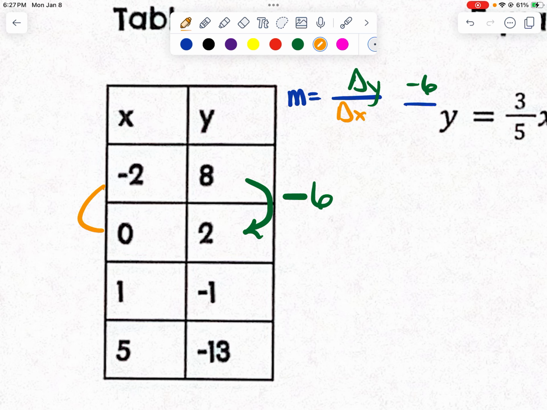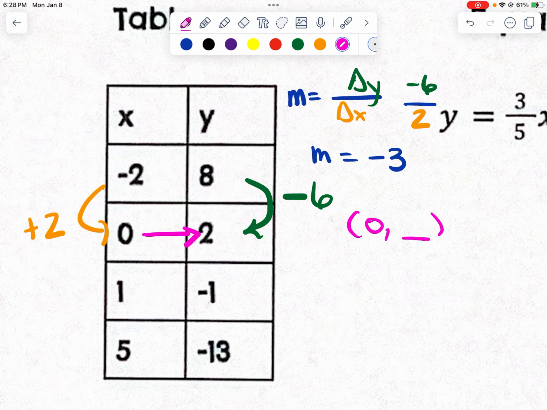And then I'm going to go here. This goes up by 2. So that means my slope is equal to -3. My y-intercept, remember that's the point 0, something here. So I look for when x is 0. So that means my b value is 2.